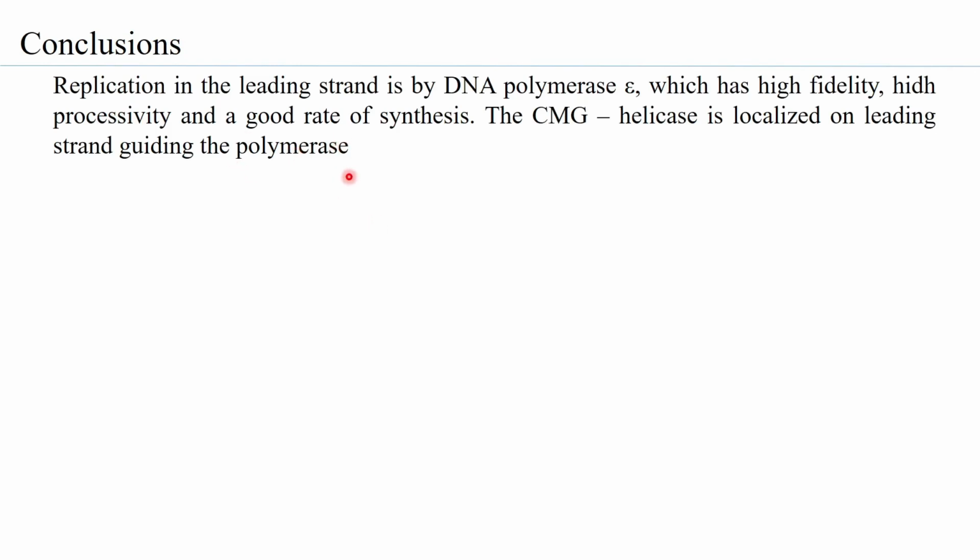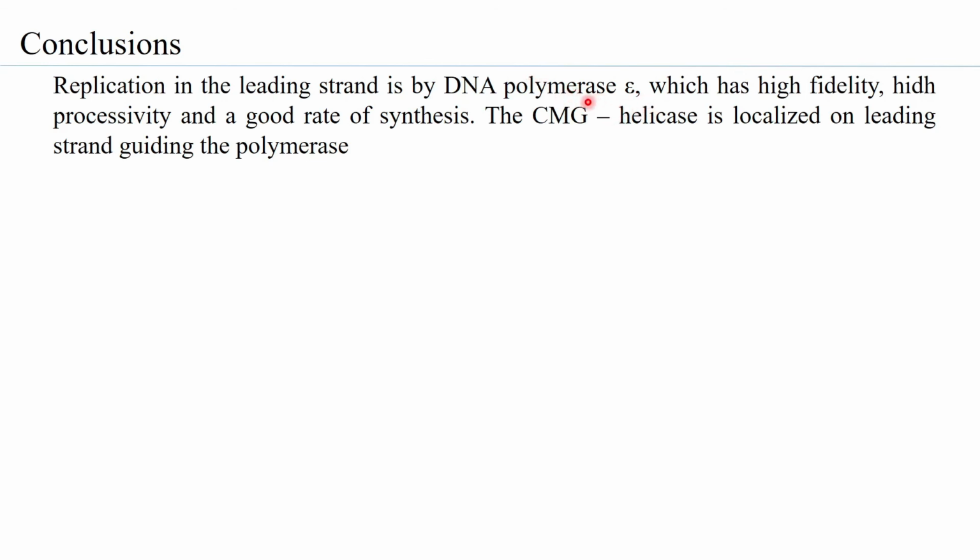Replication in the leading strand is by DNA polymerase epsilon. Here, because I forgot to mention earlier, DNA polymerase epsilon does not have the potential for strand displacement, and hence it is effectively carrying out more of the leading strand synthesis than the lagging strand synthesis, because for lagging strand synthesis, strand displacement is always something that is needed.